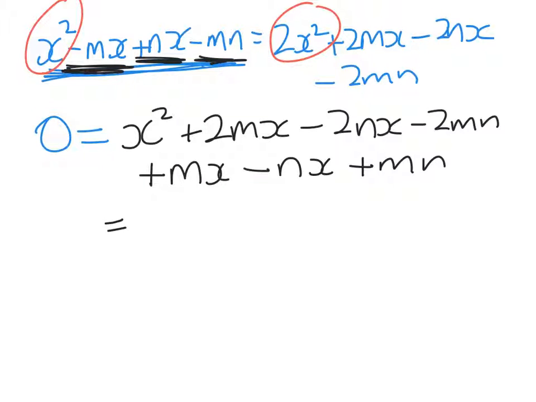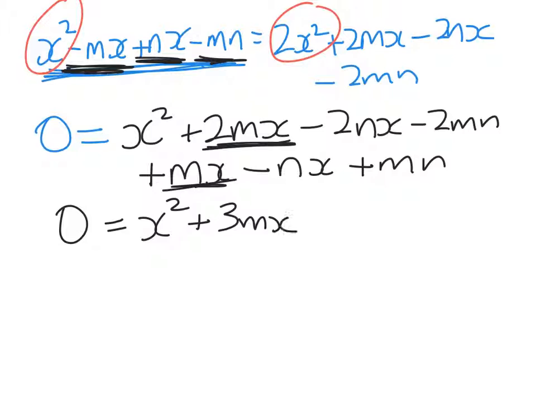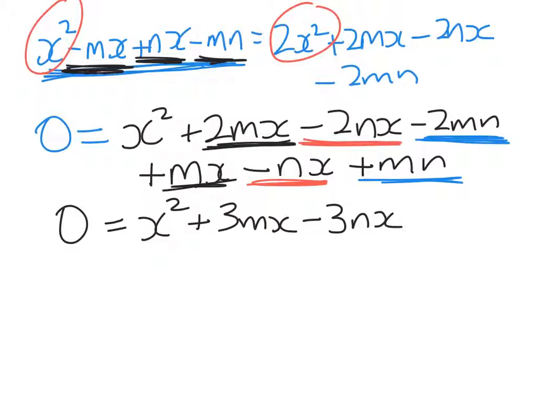Now we collect up like terms, and we get 0 equals x squared plus 2mx and another one, 3mx, minus 2nx, minus another nx, minus 3nx. And here I've got minus 2mn plus 2mn, which leaves me with minus mn.